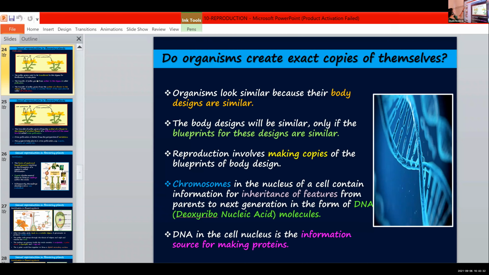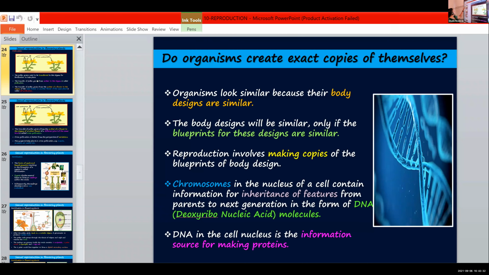Here only the same plant is involved in self-pollination. Okay, once again, transfer of pollen grains from the anther of a flower to the stigma of the same flower or another flower, but of the same plant. Then it is self-pollination. Okay?